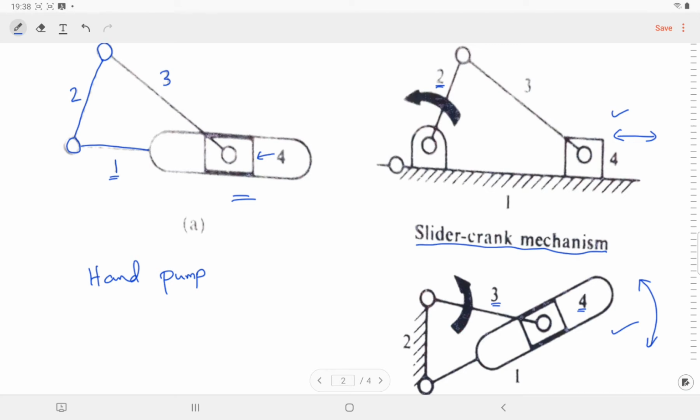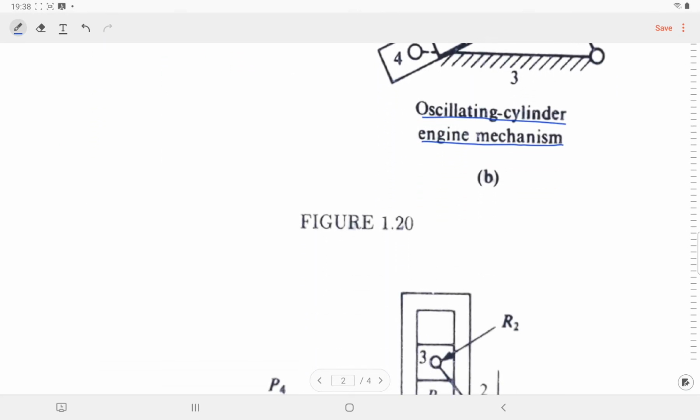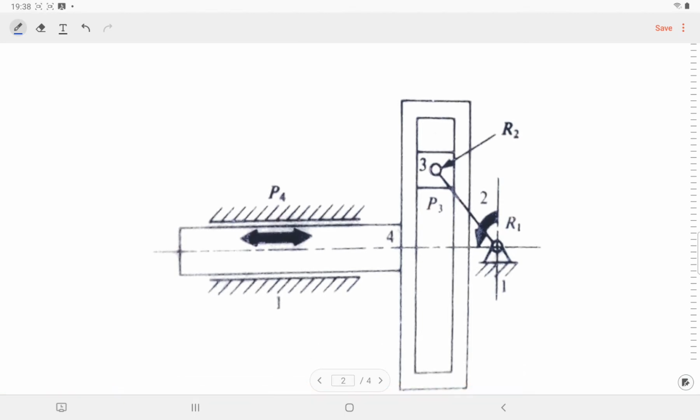Now what we are going to do is, what if we replace one more revolute pair with a prismatic pair? What we will achieve is a mechanism which looks like this. So if you see here, this is link 1 which is fixed, this is link 2, and those two are connected using a revolute pair.